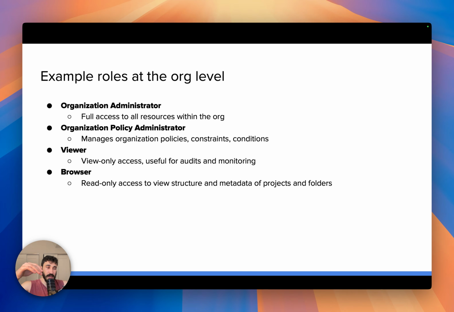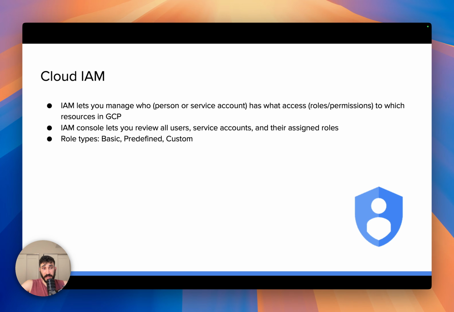Things like this. You can do allow lists or deny lists with these policies. You don't need to know the details of those, but know that they exist. And the role that someone would need in order to administer those policies at the organization level is the organization policy administrator role. Pretty self-explanatory.